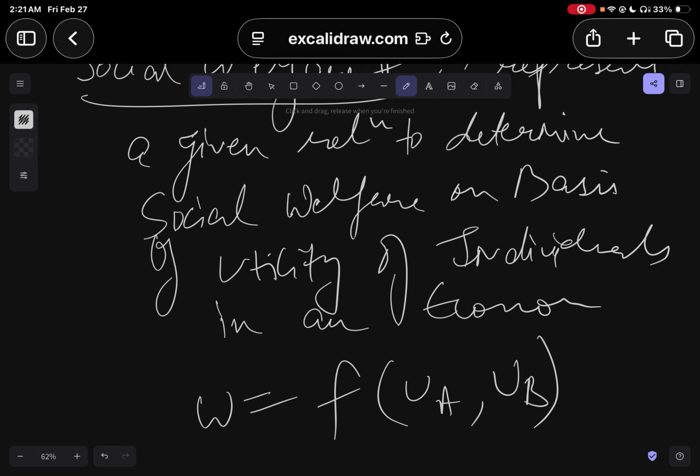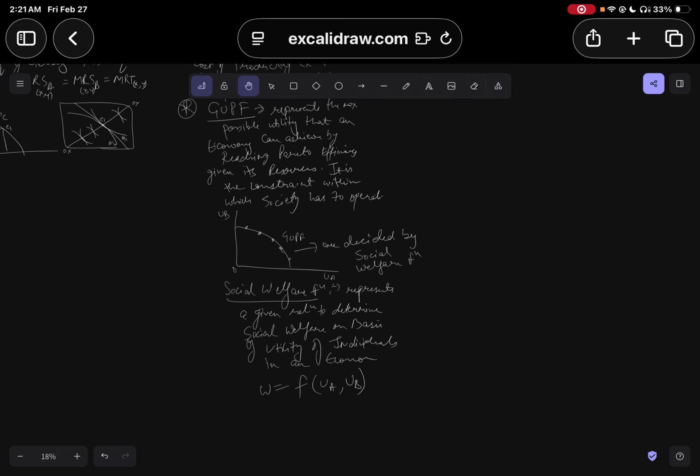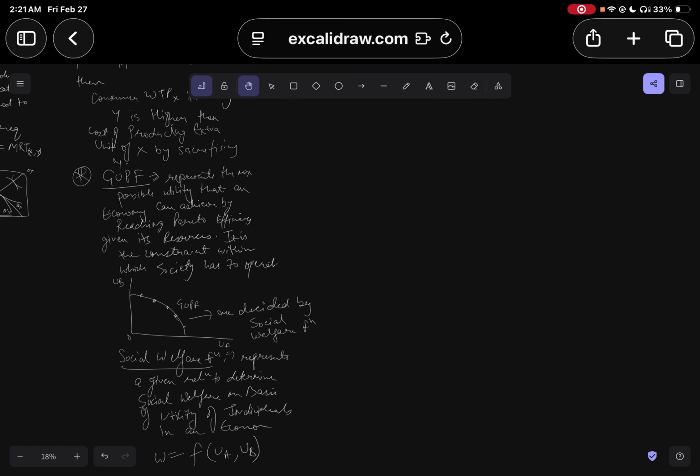But before that, I have skipped one part which I need to finish, which was the utility possibility frontier.